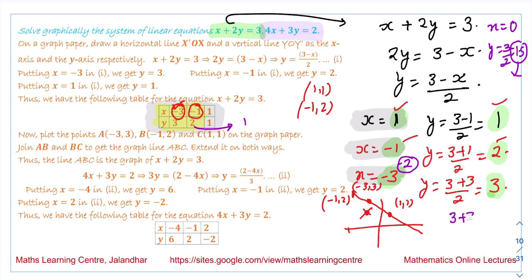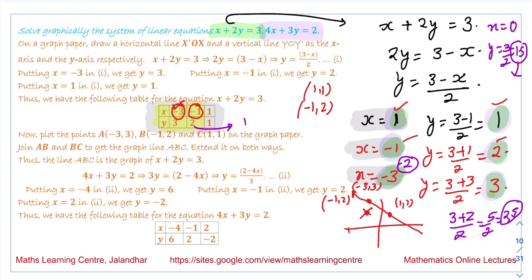It is (3 plus 2) by 2, it will be 5 by 2, that is equal to 2.5. So again, it will be difficult to draw on the graph. You can use this point, it is not that you cannot use this point, you can use this point also. But we generally try to find the numbers such that all these numbers are integer values.